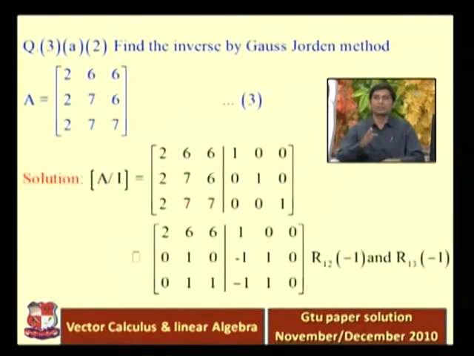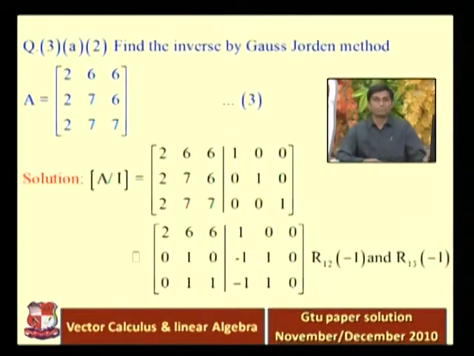Again we multiply the first row with minus 1 and add it to the third row. So the third row becomes 2 minus 2 = 0, 7 minus 6 = 1, 7 minus 6 = 1, 0 minus 1 = minus 1, 0 minus 0 = 0, and 1 minus 0 = 1.